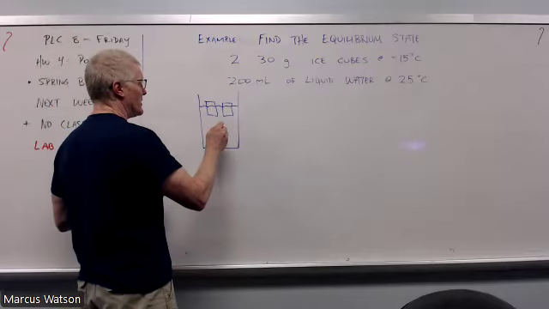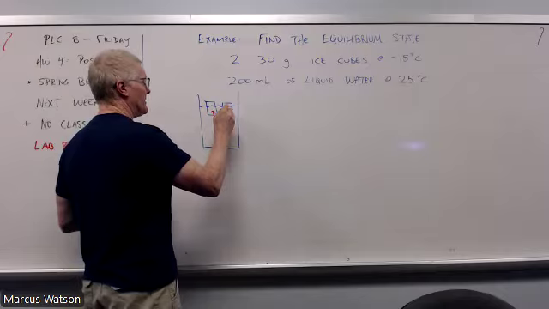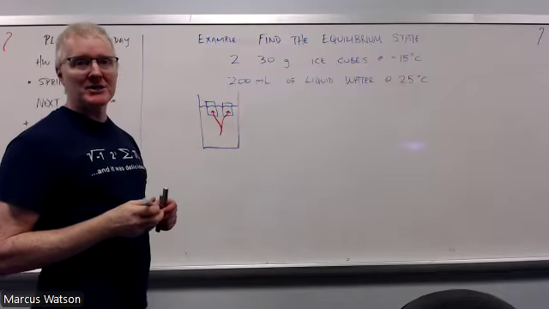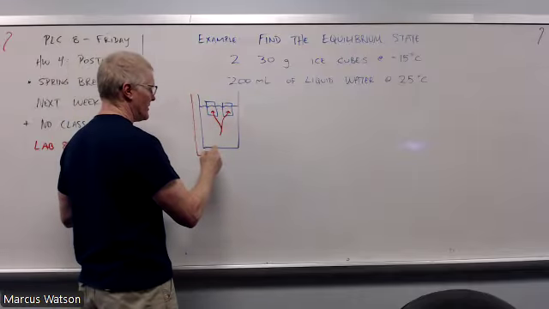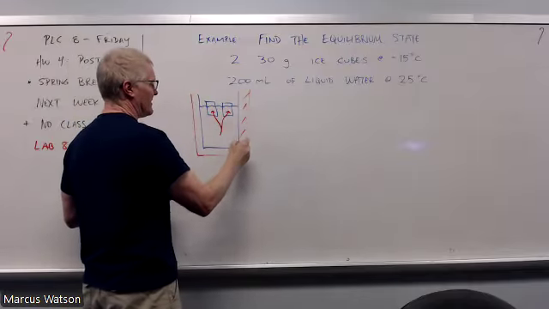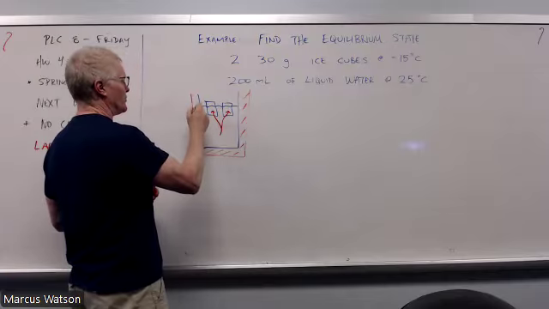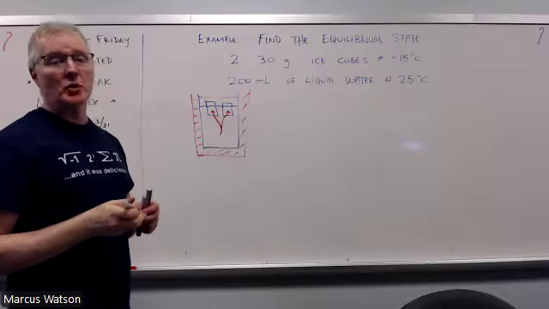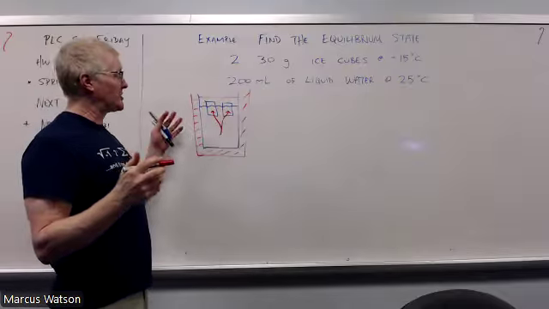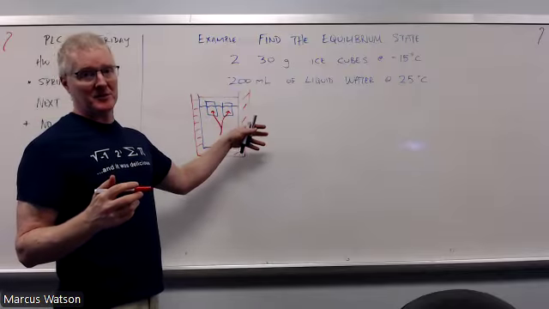In other words, there's going to be some heat from the liquid going into the ice cubes, and I'm going to surround this with something such that I could say it was well insulated. Maybe I've got a lid over the top of it. I'm just going to ignore any type of exchange of heat with the atmosphere.